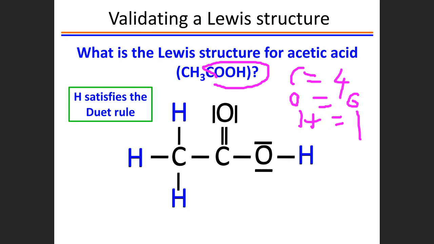So let's see here. We know hydrogen cannot be the central atom. And about carbon and oxygen, let's look here. Carbon is less electronegative than oxygen. Got it? Because this way the electronegativity increases. This one you need to remember, then you will never be confused.